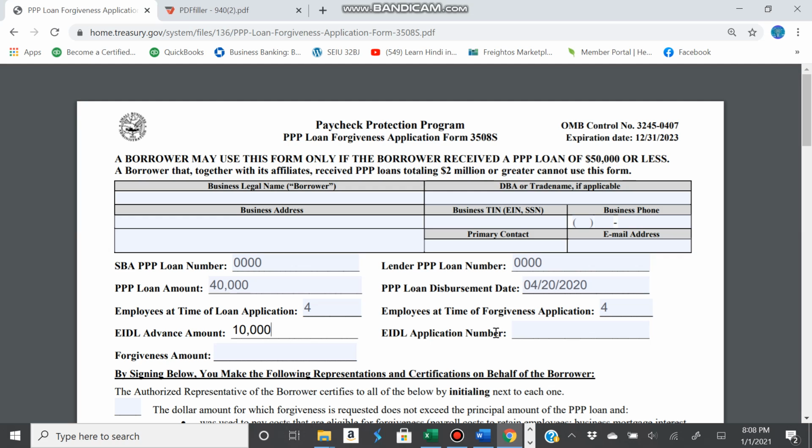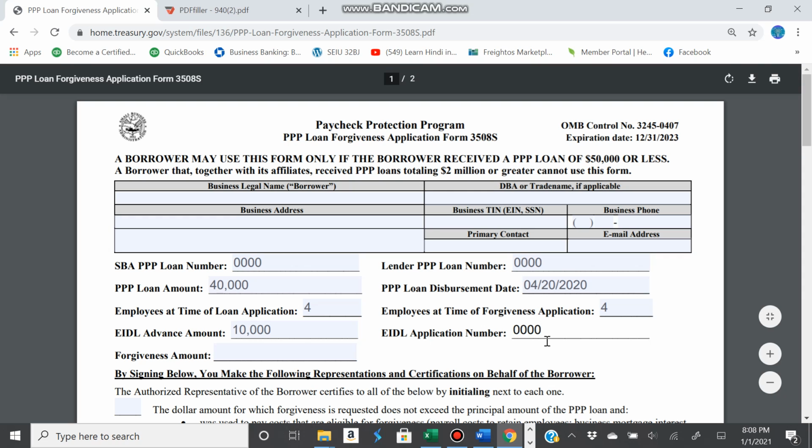The left-hand side on top of the EIDL loan agreement, you will see SBA loan number. We're not going to use that. Look on the right-hand side on top of that page, you're going to use the SBA application number. Let us say our number is 4 consecutive 0.